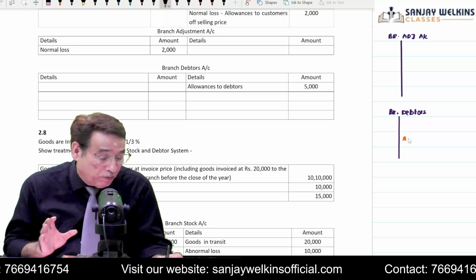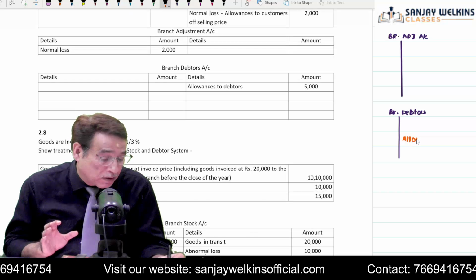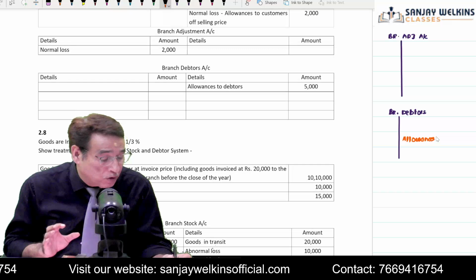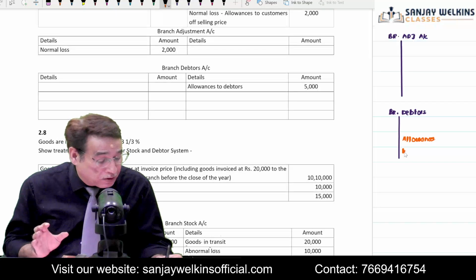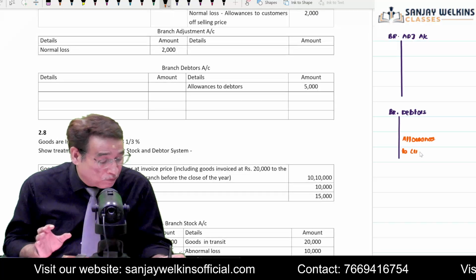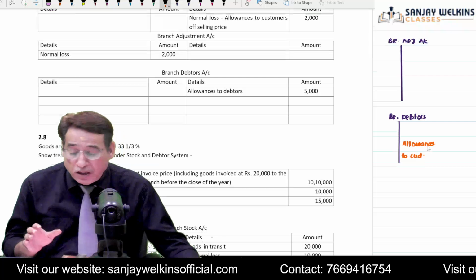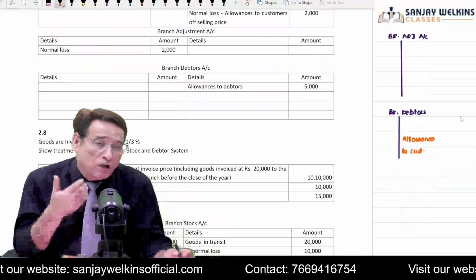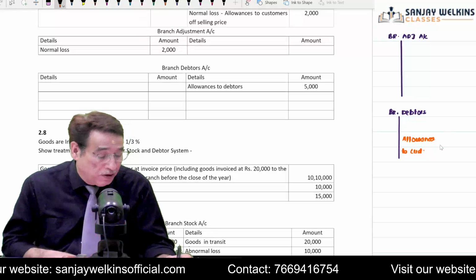First of all, you will be writing it over here, allowances to customer. So allowances to customer will always be considered as an item which is related to discount allowed to customer. Is it clear to you?